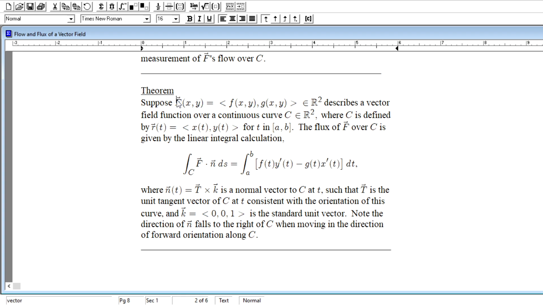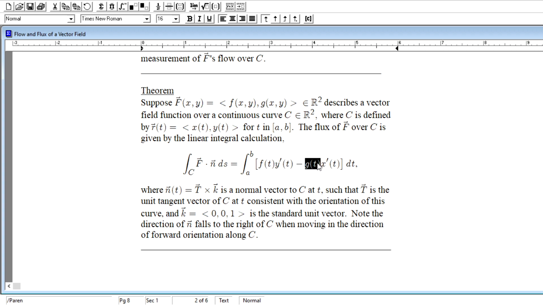You redefine f in terms of t using these values of x at t and y at t. F at t is this factor in the first term, and g at t will be this factor found in the second term of the integrand. Your integrand is just going to be the difference of the products of these four functions.